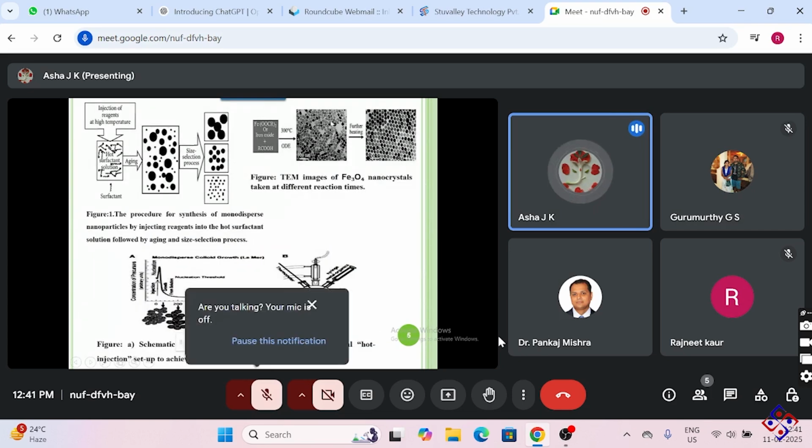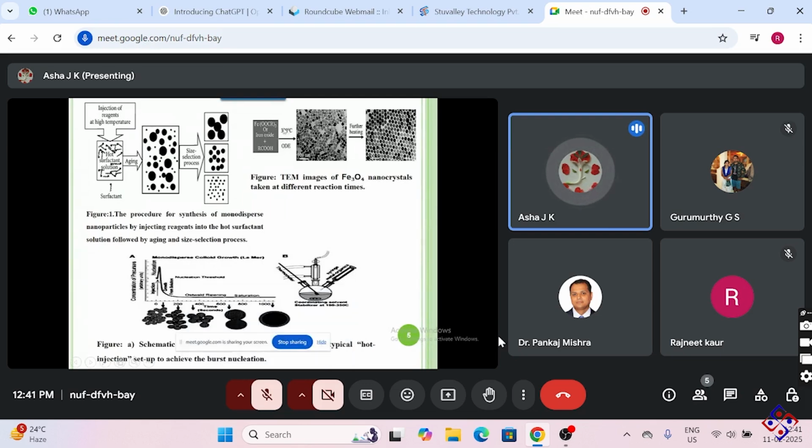The second figure explains the transmission electron microscopy images of magnetite nanocrystals. Here we are using a high temperature method. A solution with a concentration of iron oxide in the presence of carboxylic acid and ODE, octadecene. After the high temperature method, it produces many nanoparticles that are randomly oriented.